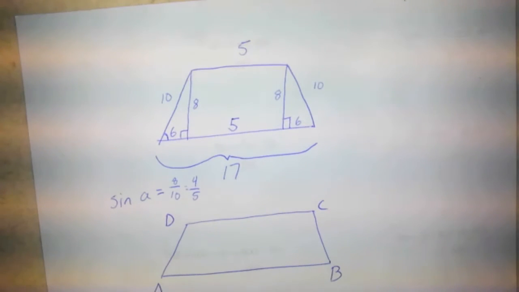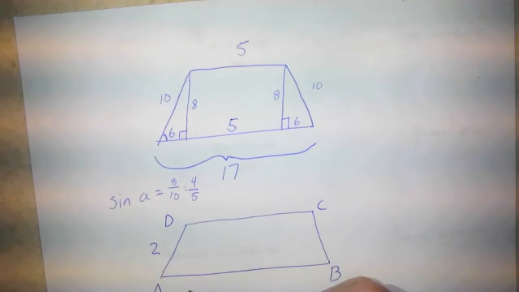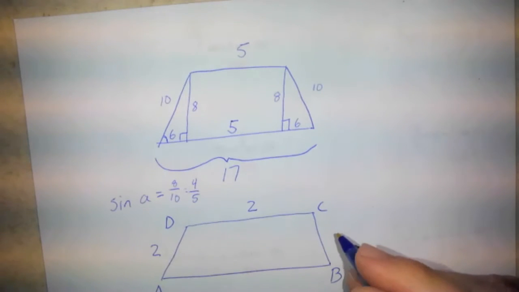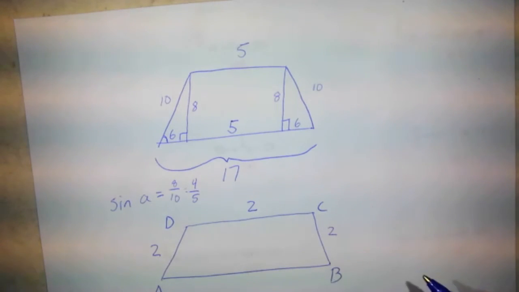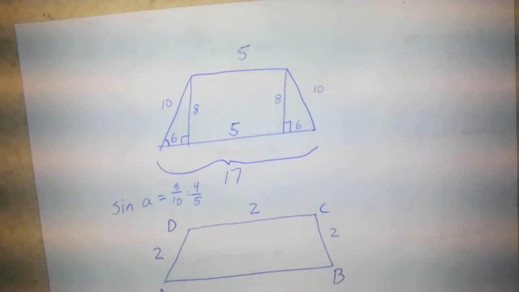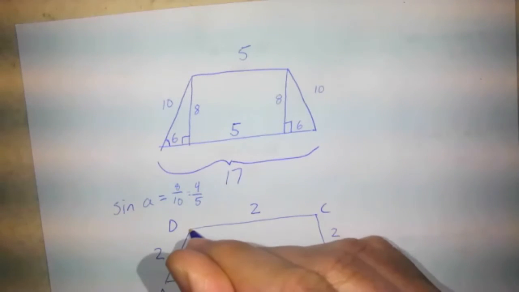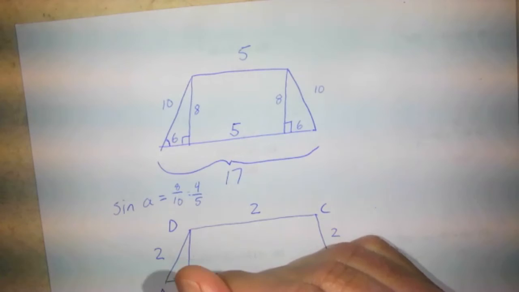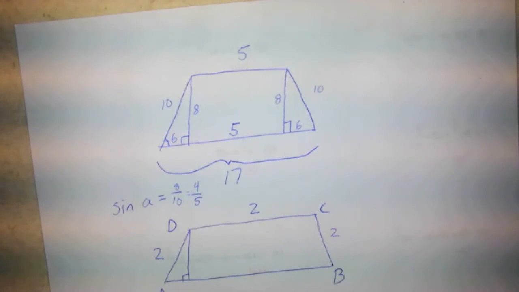They tell me that AD is 2, that DC is also 2, despite the way I drew it, and that CB is 2. They tell me that the cosine of angle A is 1/2, which would be enough information, even without my chart, for me to know that that is a 60-degree angle, but you don't even have to recognize that.